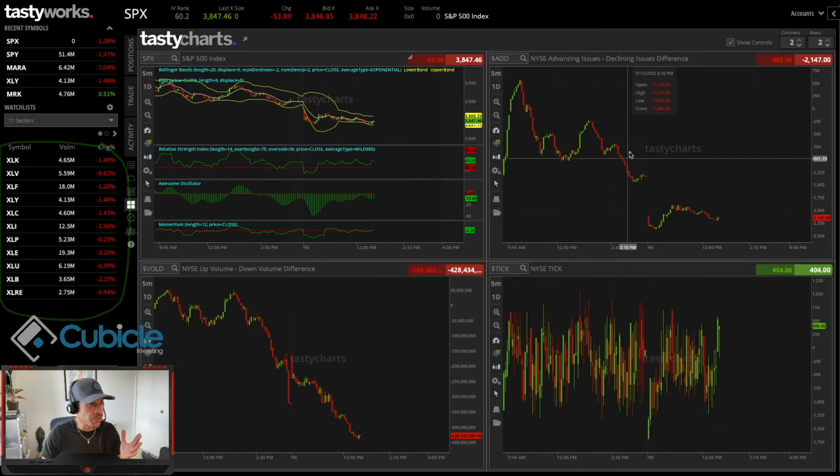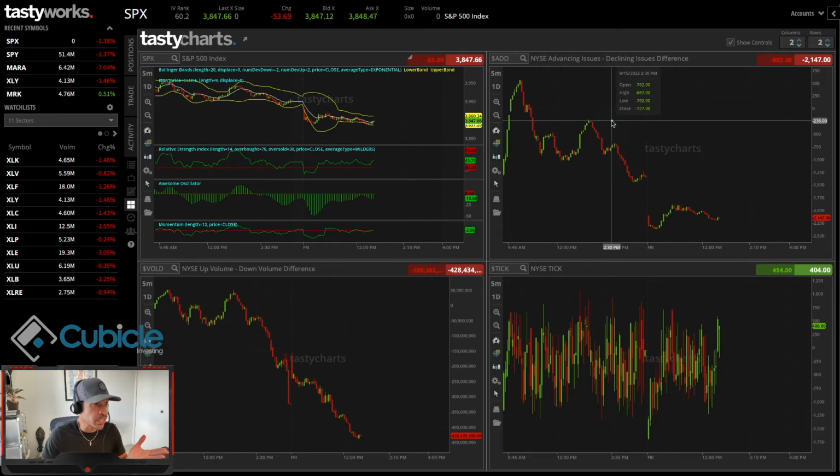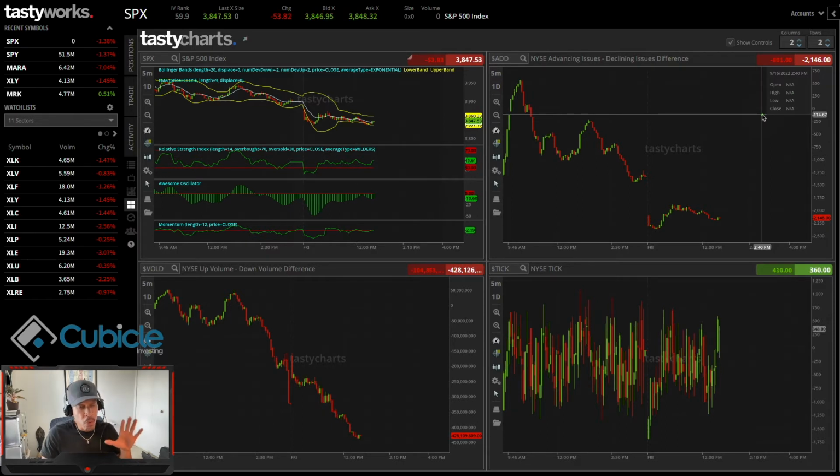in addition to the fact that the New York Stock Exchange advancing declining indicator was negative, and not only was it negative, but it was below negative 2,000. What that represents is that there are more stocks trading on the New York Stock Exchange that are going down in value versus advancing in value, right?